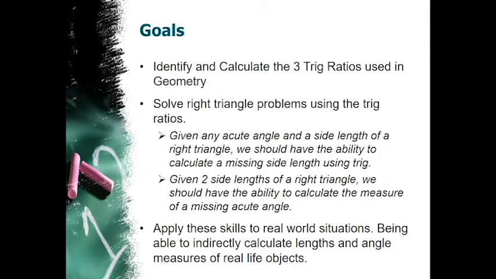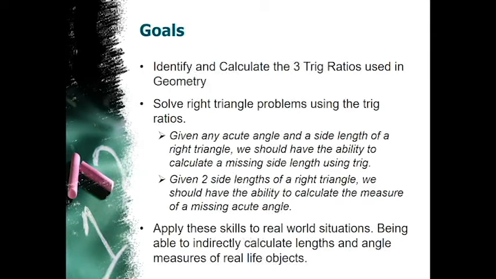As we leave this lesson, we want to have some goals in mind. First of all, we want to be able to identify and calculate the three trig ratios we use in geometry: the sine ratio, cosine ratio, and tangent ratios. We want to be able to solve right triangle problems by using our trig ratios.